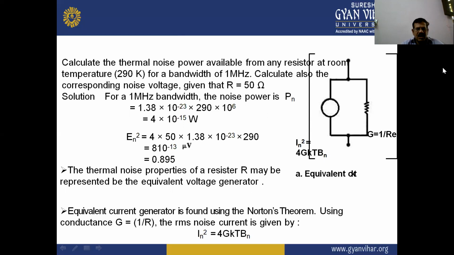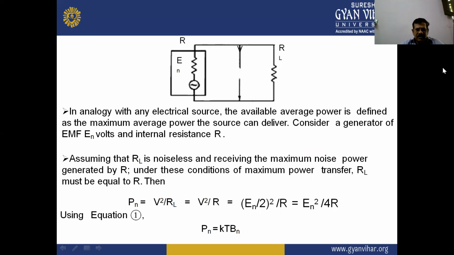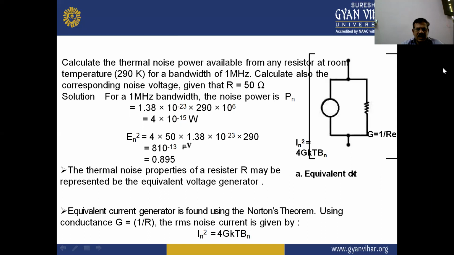So for the 1 megahertz bandwidth, the noise power Pn is calculated by Pn equal to kTB, and this will be 4 into 10 to the power minus 15 watt.